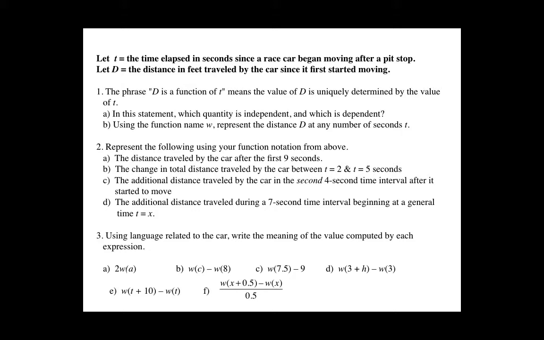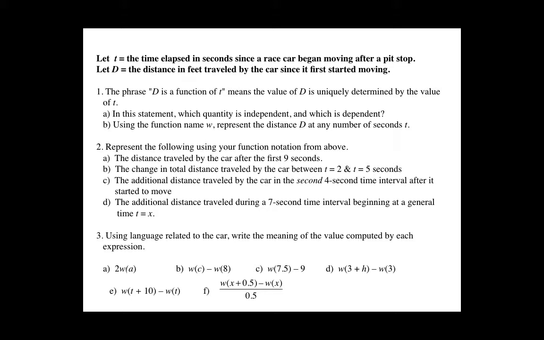Because of the way that these variables are defined, W of 0 would have to have the value 0 because it's distance after it started moving. And so W of 0 would be 0 seconds after it started moving. Despite the fact I don't know a whole lot about this, it hasn't moved yet, so that would be distance 0. So that part A could be W of 9 on its own, or to think about it the same way as we did with part B, it could be that subtraction.